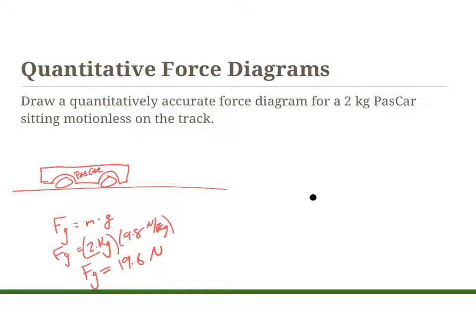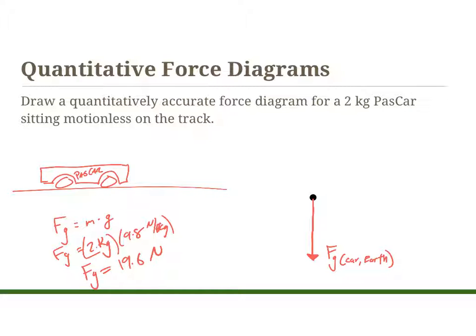Yeah? Okay. So what I'm going to do here is draw the force of gravity. So the force of gravity in this case goes, okay? And I have to identify that it's the force of gravity on the car by the earth.